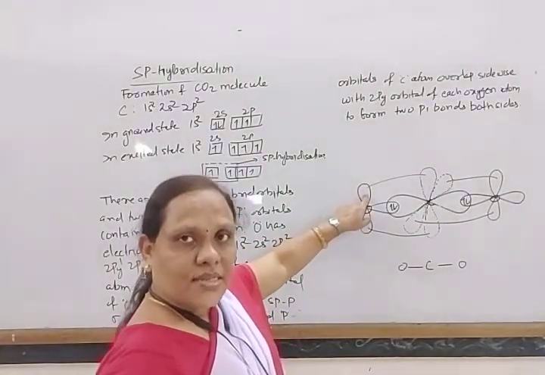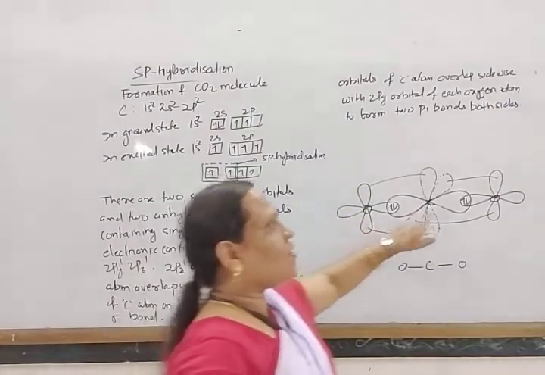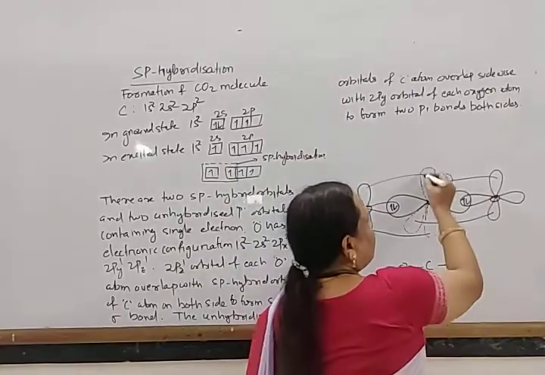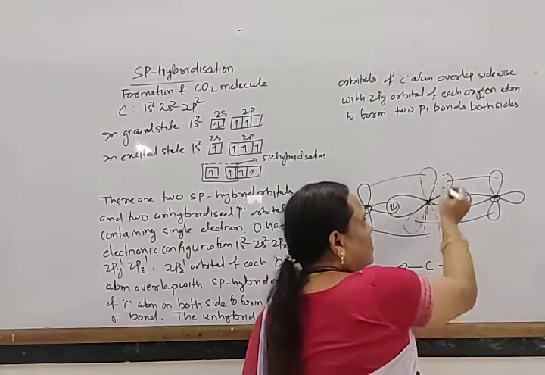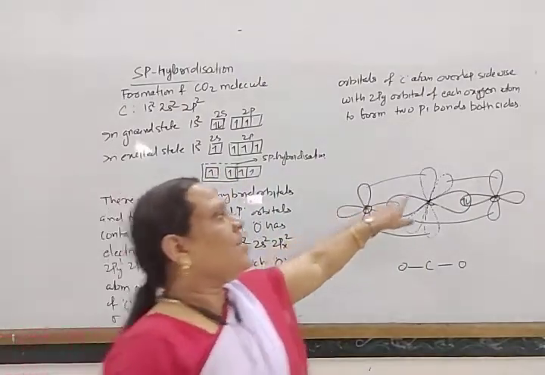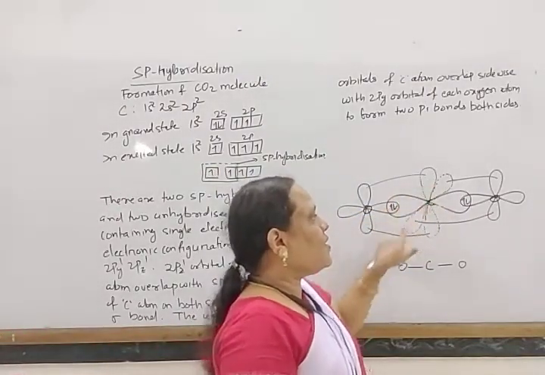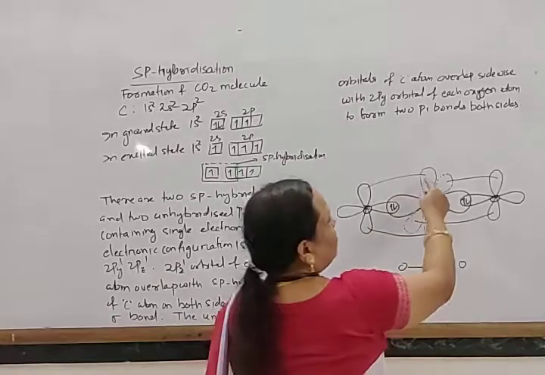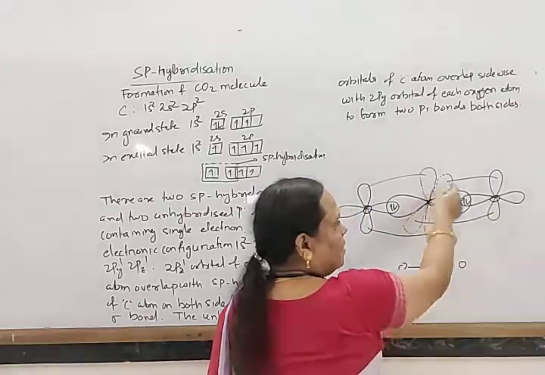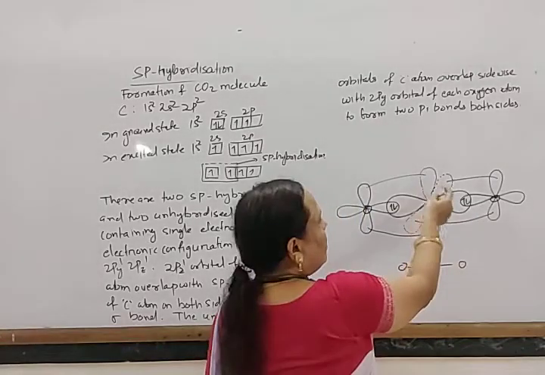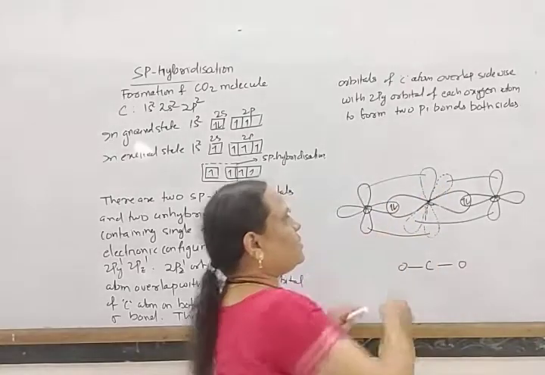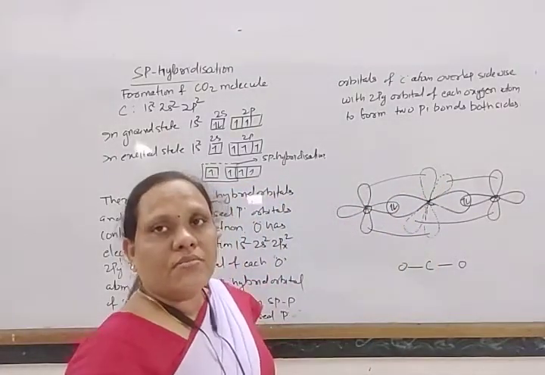Okay, so now after this pz is completed, this py orbital of oxygen has a single electron, and on this oxygen, this py also has a single electron. And now there are 2 unhybridized p orbitals in each carbon atom that also have a single electron. In this way, one unhybridized p orbital overlaps sidewise with one oxygen atom, and another unhybridized p orbital overlaps sidewise with the other oxygen atom to form a pi bond.